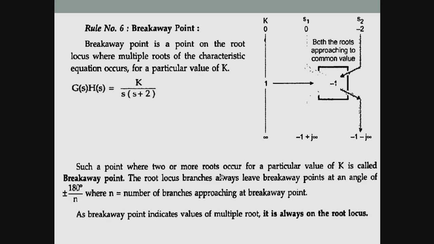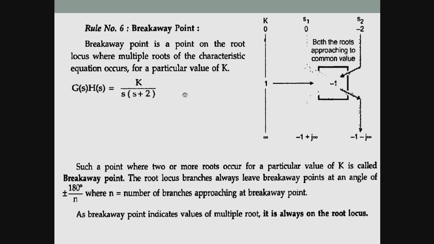Rule number 6 says that these are the values that are moving to infinity, and we call those points breakaway points. Let us see how it is calculated. A breakaway point is a point on the root locus where multiple roots of the characteristic equation occur for a particular value of k.